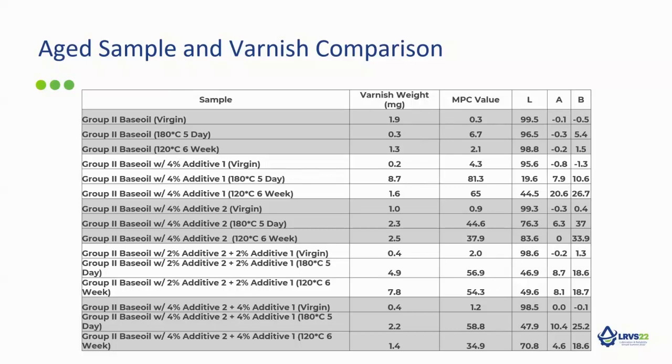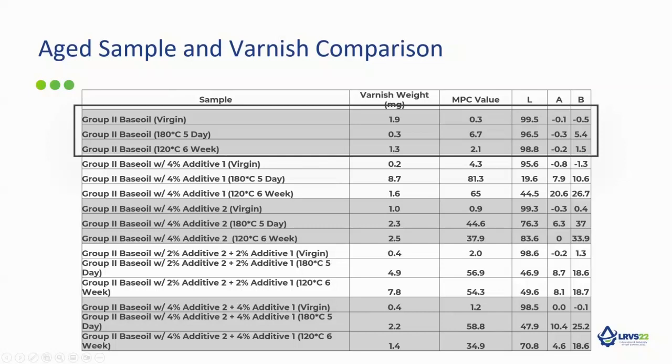Now, I know there are a lot of values present on this slide, but bear with me. Looking at the data for group 2 base oil, one would think that the 180 C at a 5-day aging process would have a higher MPC in addition to an increased varnish mass, especially knowing that for every 10 degrees Celsius increase, the rate of reaction doubles.